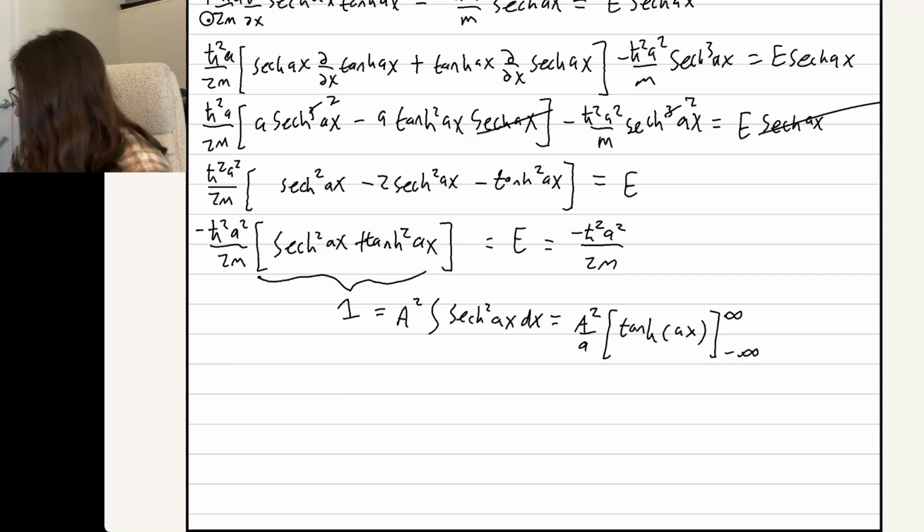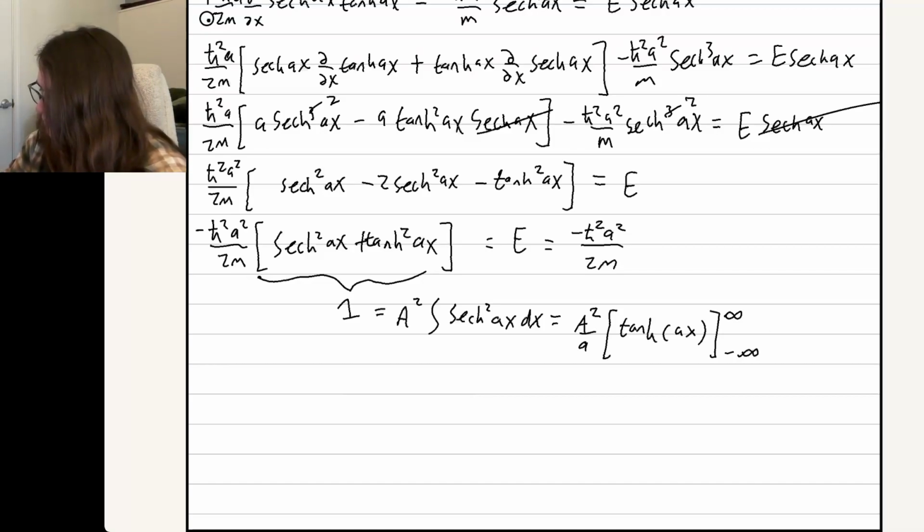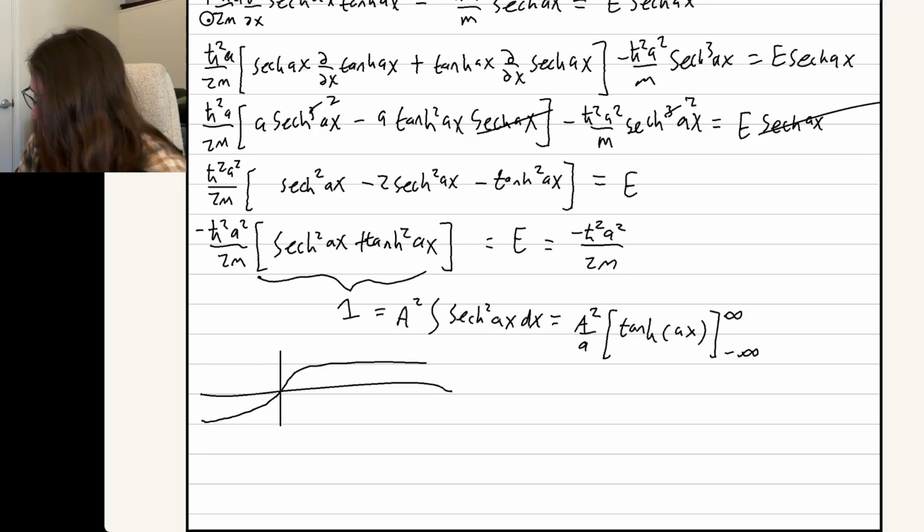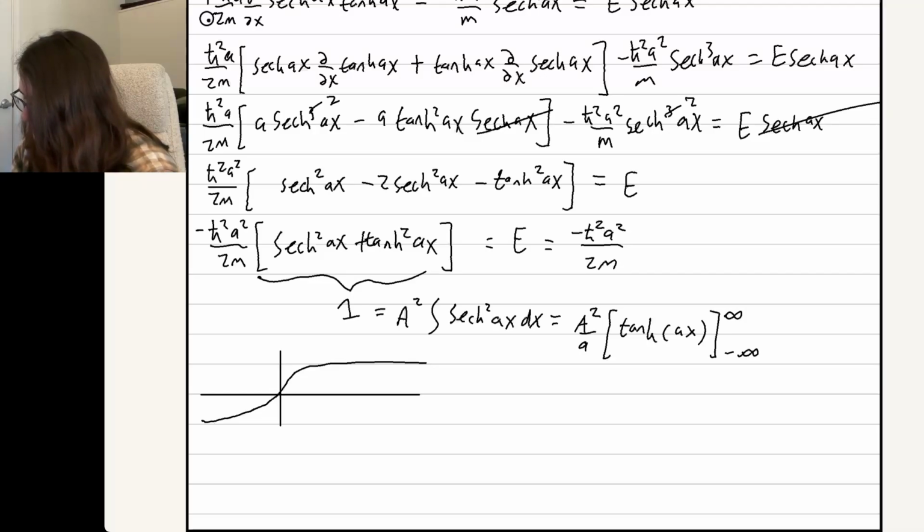Tanh kind of looks like, it's kind of funny, but it kind of looks like this, where this is 0, and so it has asymptotes, it kind of just goes to positive 1 for x equals infinity, and minus 1 for x equals minus infinity.